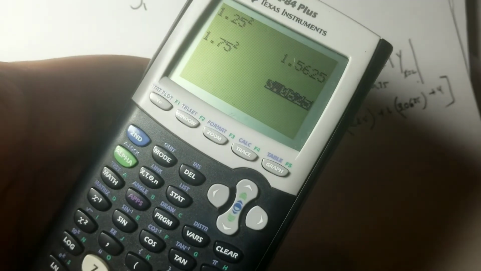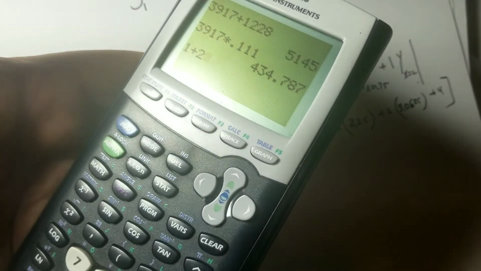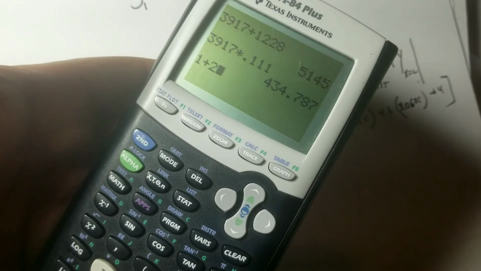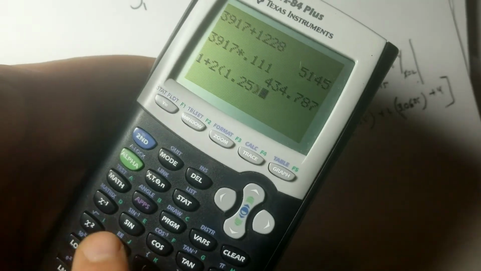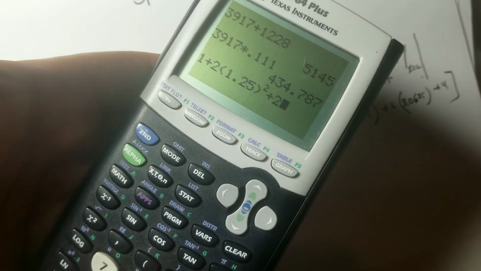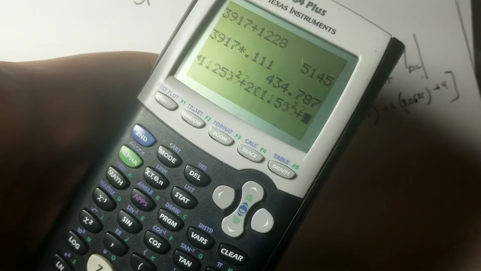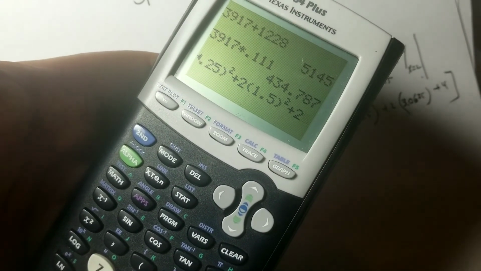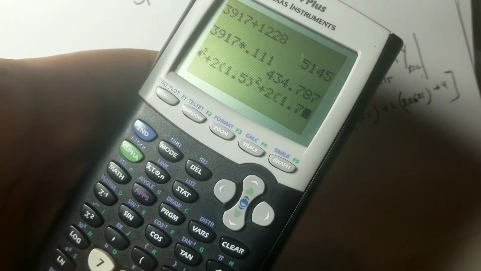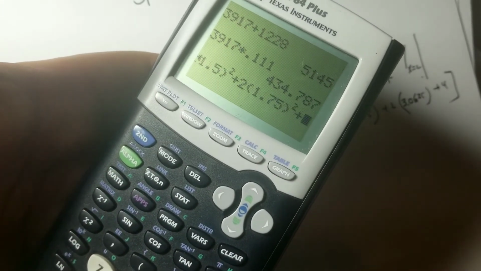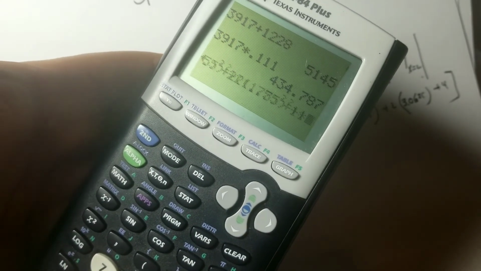Here I had a 1 plus 2 times 1.25 squared, very easily put in the calculator, plus 2 times 1.5 squared, plus 2 times 1.75 squared, plus 1 times 2 squared.